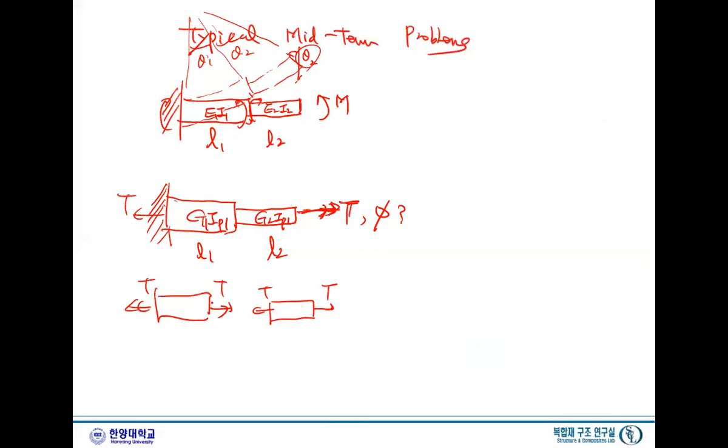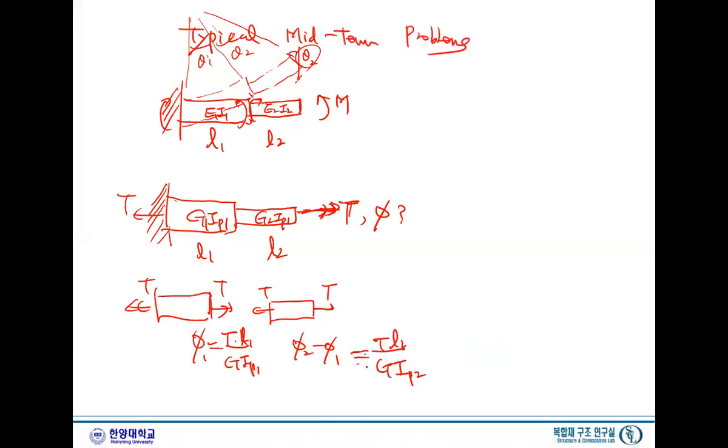So from this, how much does it rotate? Well, we know that T L1 over G1 IP1 gives this angle, and actually in this case phi2 minus phi1, because it's a relative angle, will be torque T L2 over G2 IP2.